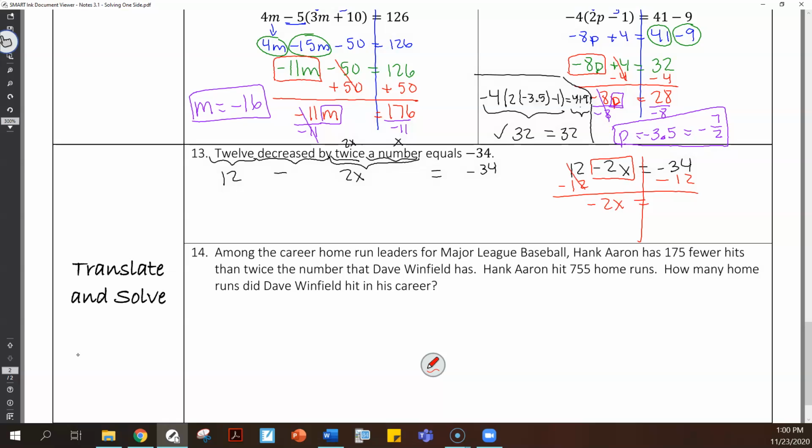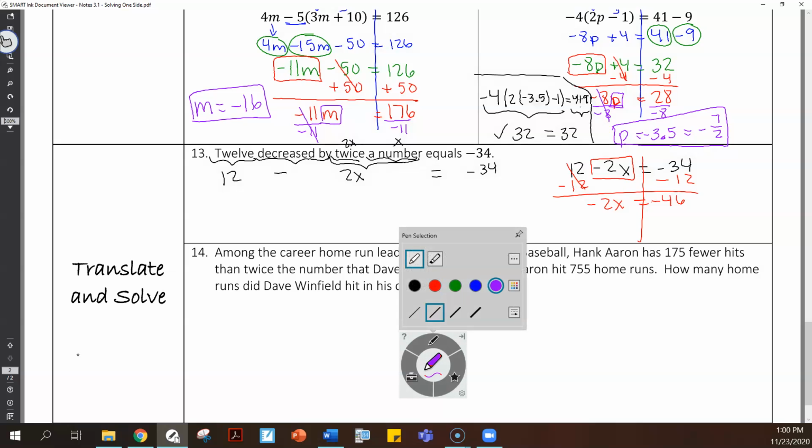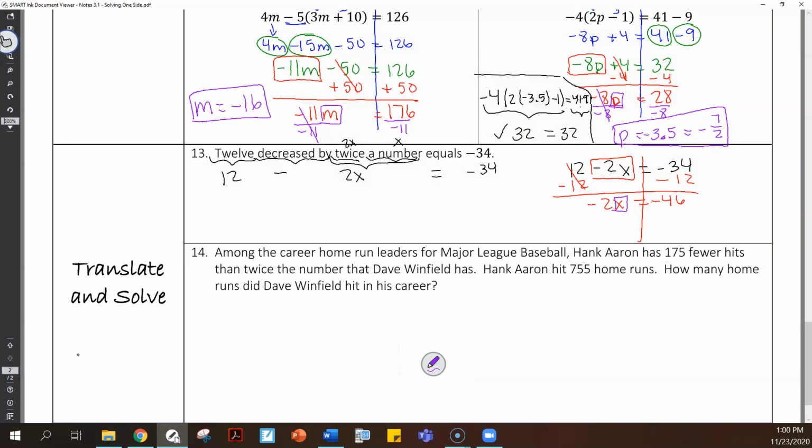Negative 34 minus 12 is negative 46. Okay, you can check that in your calculator or check that in Desmos if you're not sure. And then I can get my variable alone by dividing by negative 2. And I get x equals negative 46 divided by negative 2, which is 23.